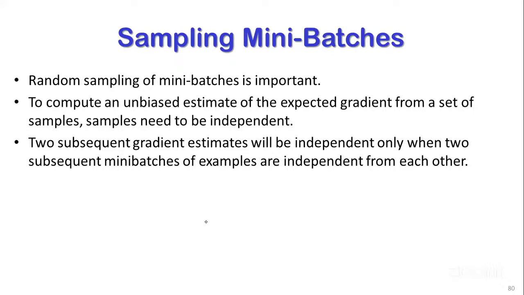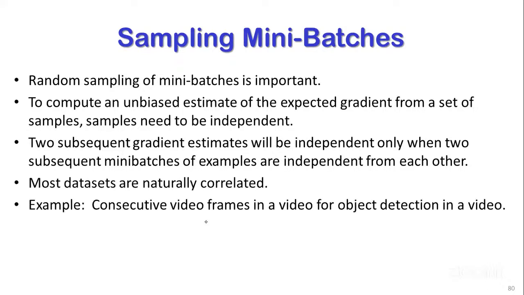We are using cancelable biometrics, so there was no problem: we transformed the biometric and the original biometric was discarded. But still, some applications are sensitive. If you get the wrong data, then ultimately everything will be in vain. Here, two subsequent gradient estimates will be independent only when the mini batches are independent of each other.